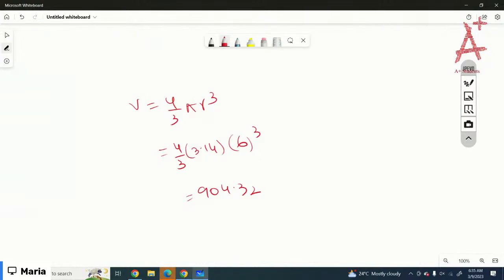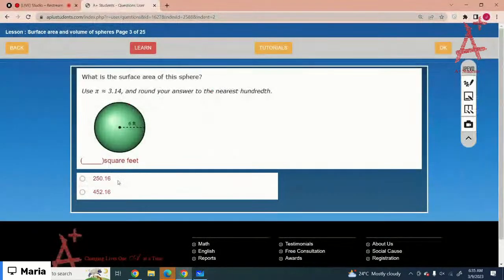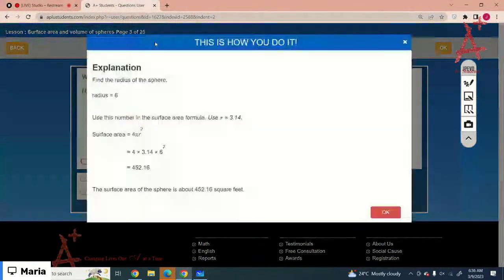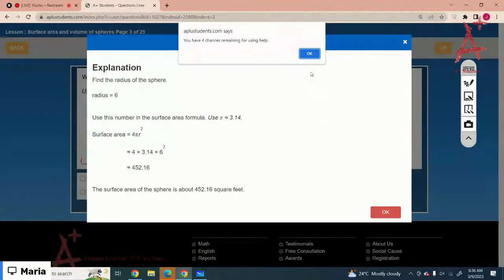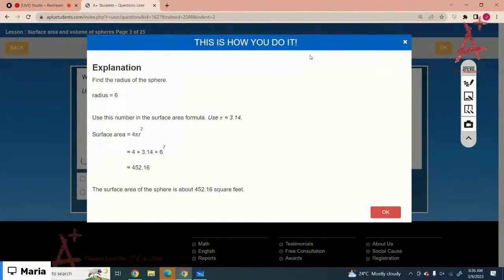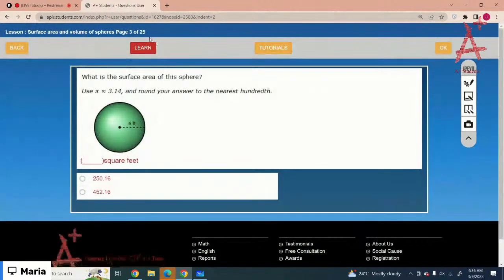It is 904. What's wrong? Let's see. Oh, we have to calculate the surface area of the sphere, not the volume.